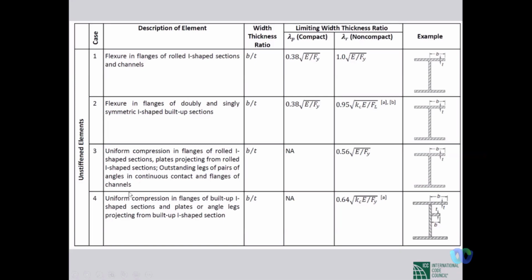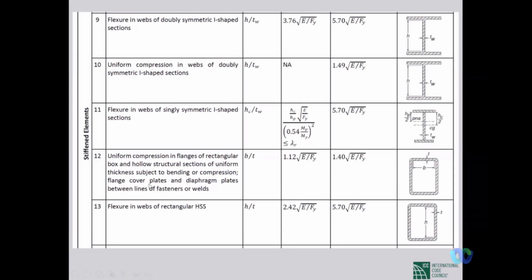Now, one thing I want to mention: in this table, both unstiffened elements and stiffened elements are tabulated. But there is a mistake in BNBC 2020. The mistake is that there is no line dividing these two types of elements. In this slide, you see the first one is number 9, and the top margin of this cell should have been continued to the very left cell.